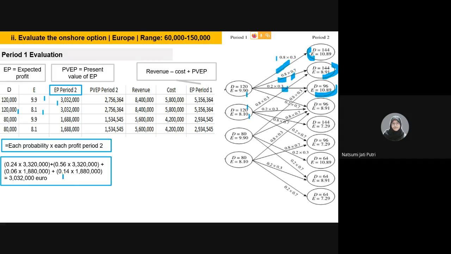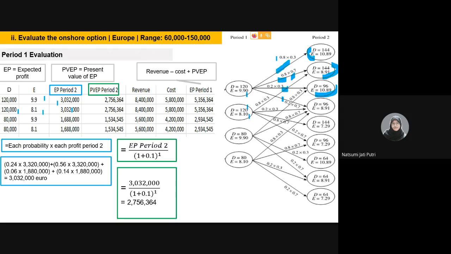And plus the 0.14, we get this from here, 0.2 times 0.7. And we get 3,030,000 euro. And for the others, also the same. Just see for each arrow.